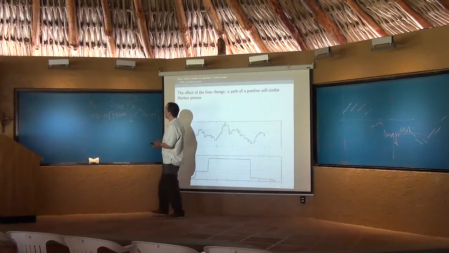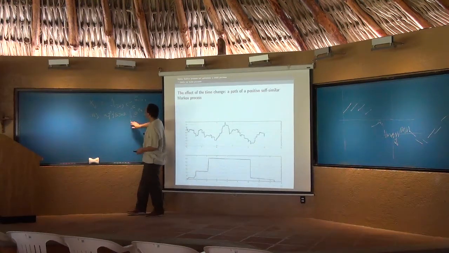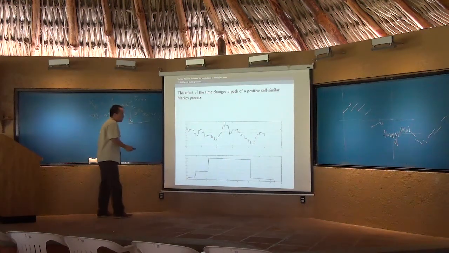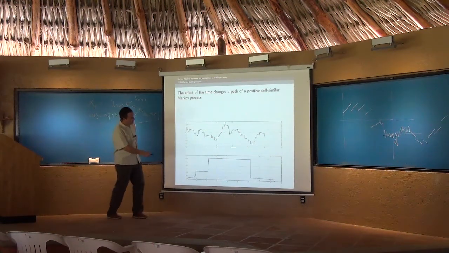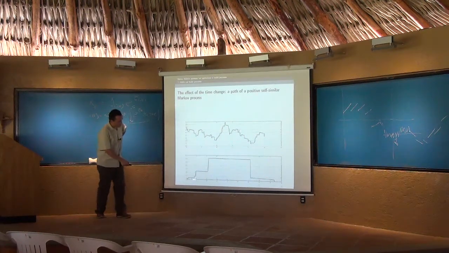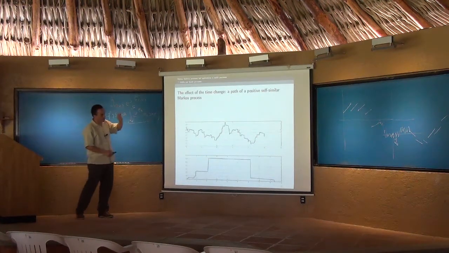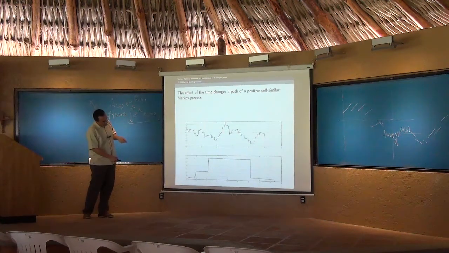So we are running this MAP in the scale of time given by this function. This is the path of the process psi, and this is the path of the process that we obtain by this transformation when J is constant. Can you say where this part is coming from?